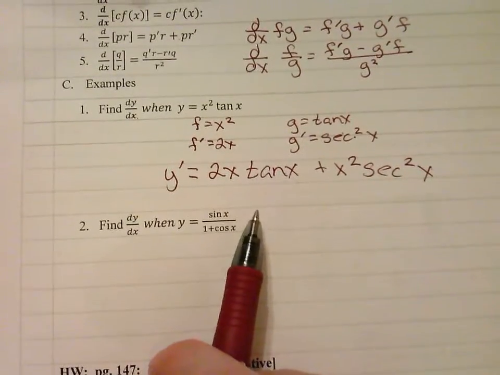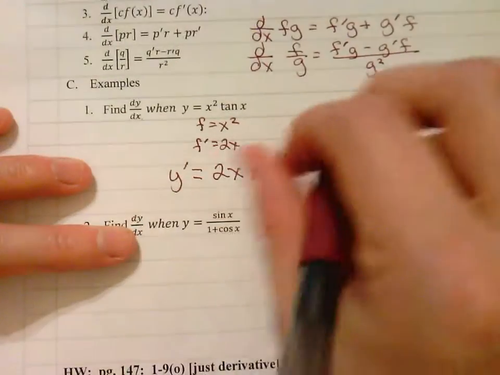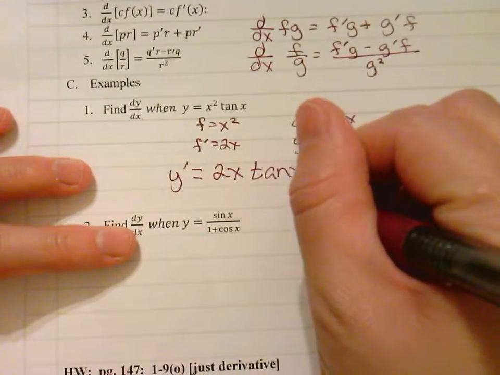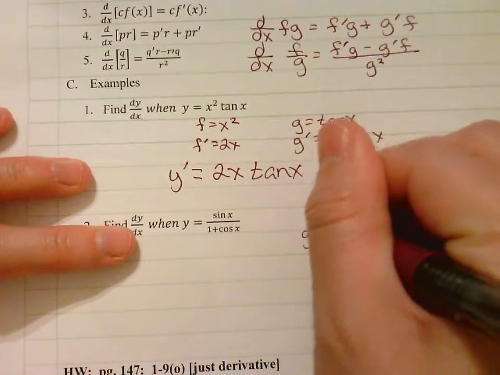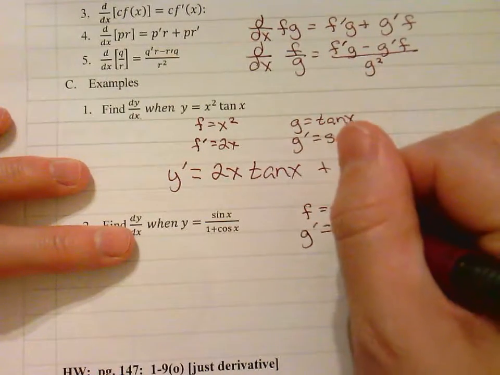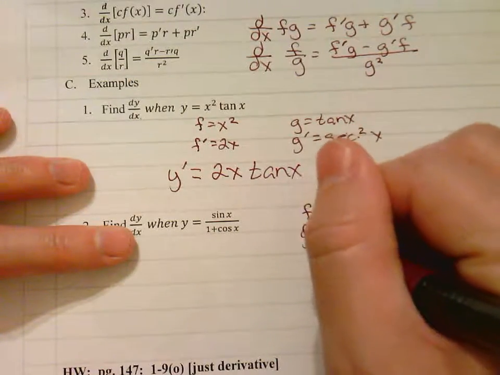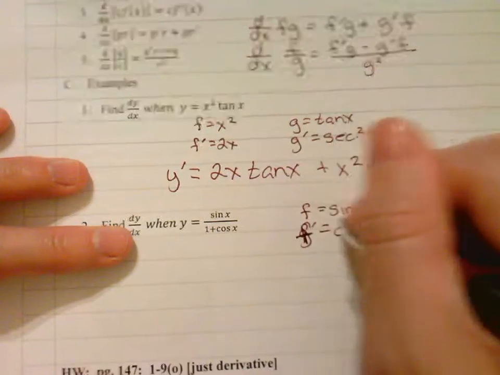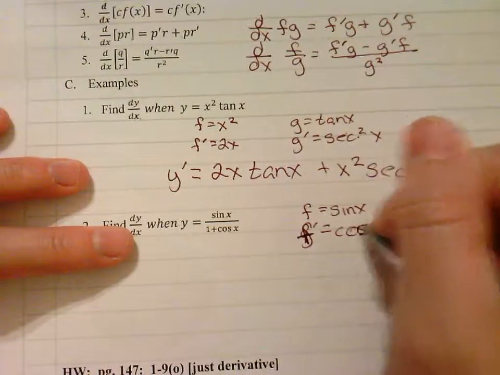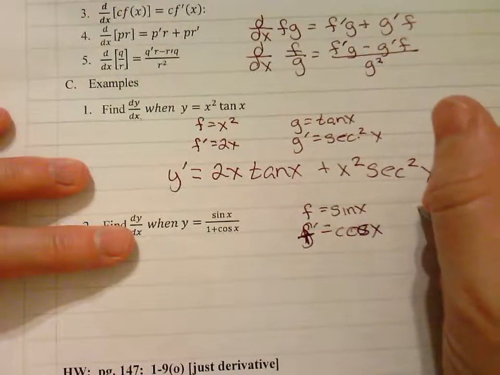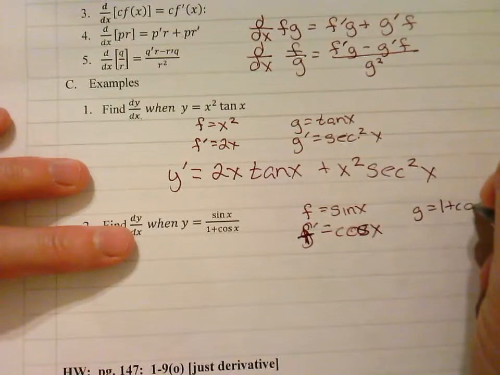Okay, let's do this one. So this is going to be a quotient rule. So f is sine x. So then f prime is going to be cosine x. And then over here we have g is going to equal 1 plus cosine x.